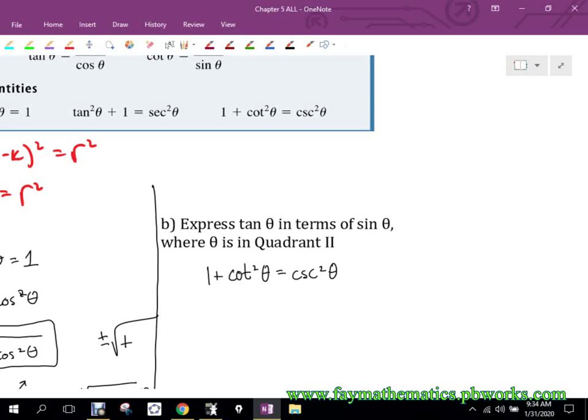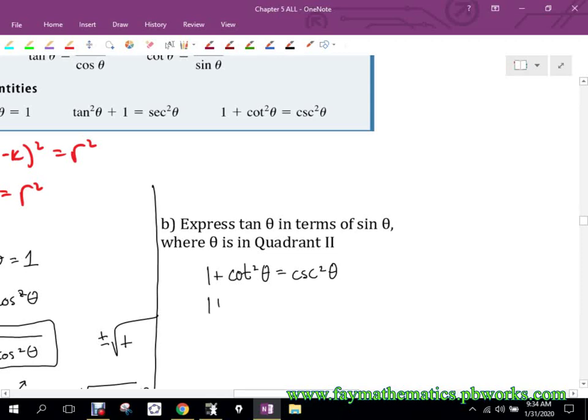I'm a fan of trying to get the terms that I want my answer in to show up as soon as possible, so I can try to isolate them, okay? Because you could do some algebra here before you replace cotangent with 1 over tangent. You can do some work before you replace cosecant as 1 over sine. But I'm going to make that substitution right away.